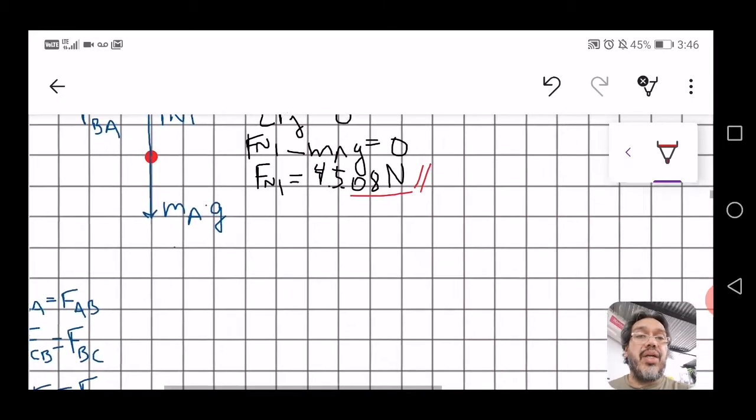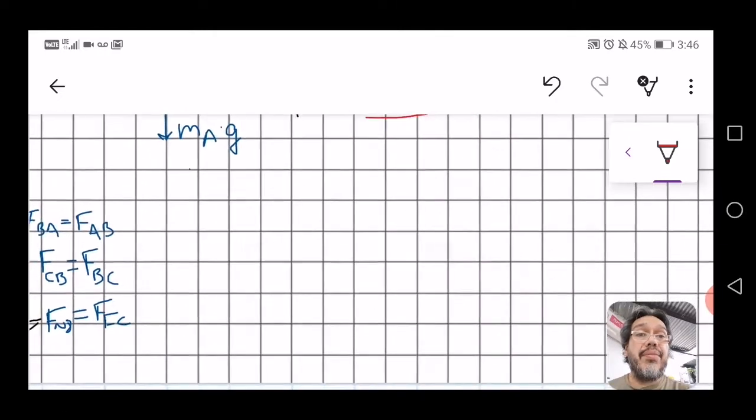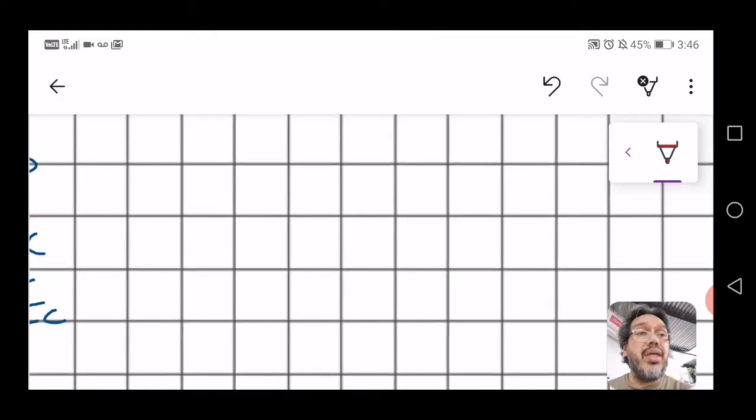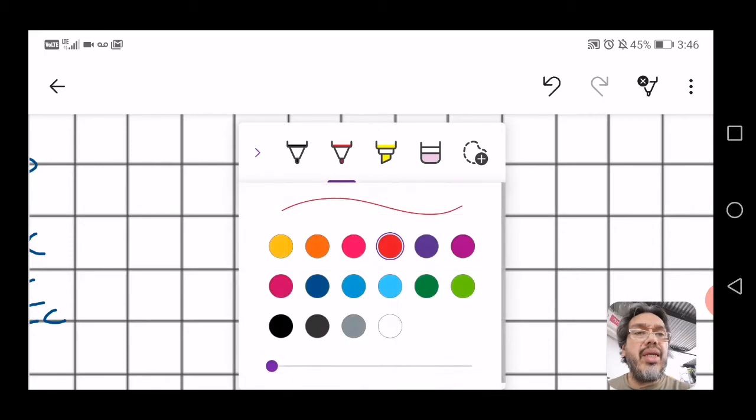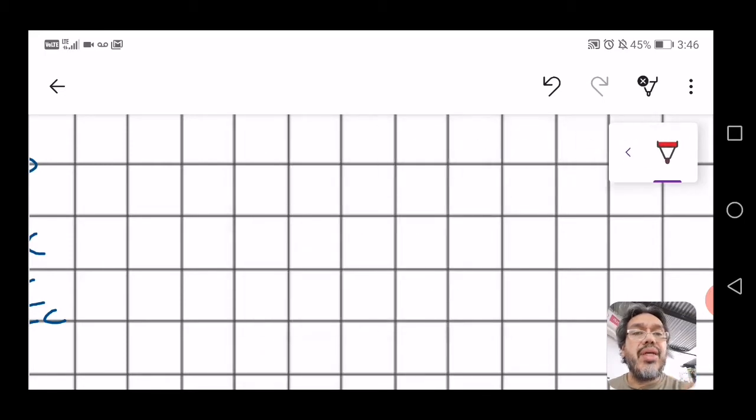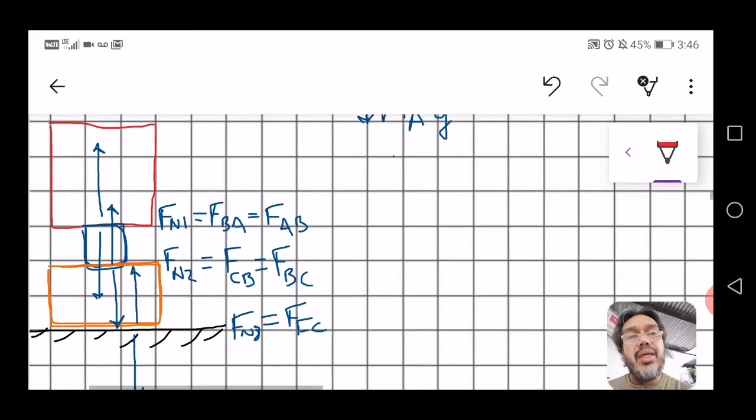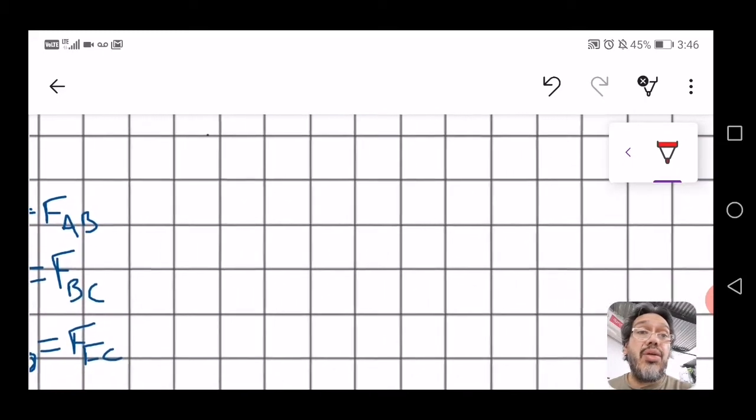Your next part is about block B, and block B is a little more complex, because in block B, at least this tells you that there are two forces being exerted. The force that A is exerted on B, and the force that C is exerted on B. And on top of that, you have gravity.